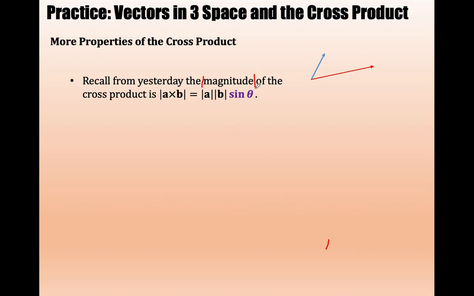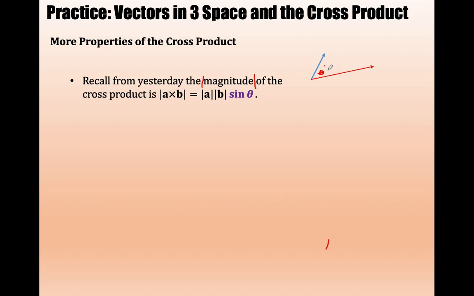The magnitude of the cross product is the magnitude of each vector times the sine of the angle between them. So that would be here, right? The sine of the angle between them tells us how perpendicular things are, right? So sine of 180 is 0, but the sine of 90 is 1, and the sine of anything in between is going to be smaller than 1.